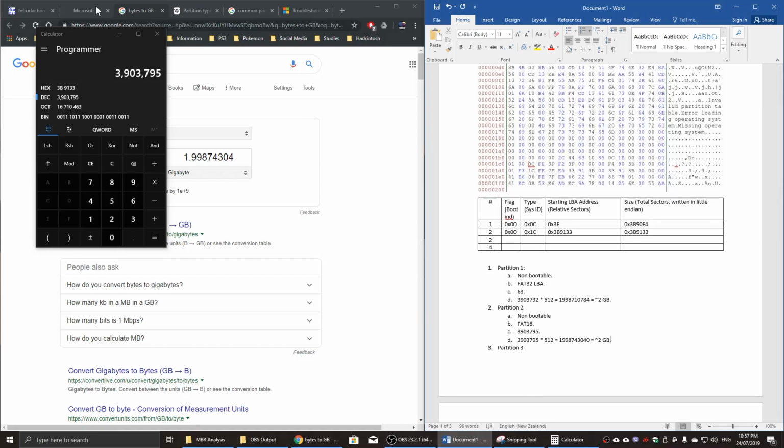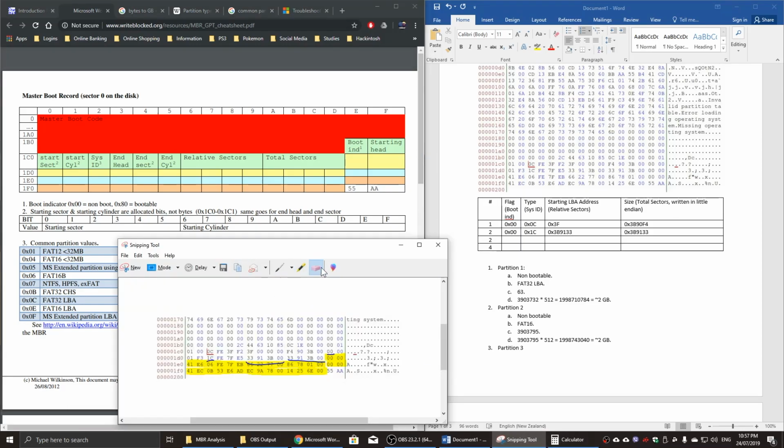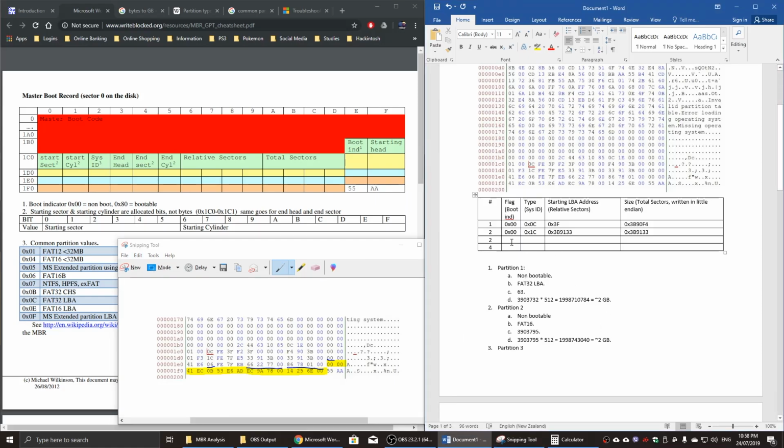So now let's extract partition 3. Partition 3 information is just there. Okay, so 0x00 again, non-bootable. 0x06.